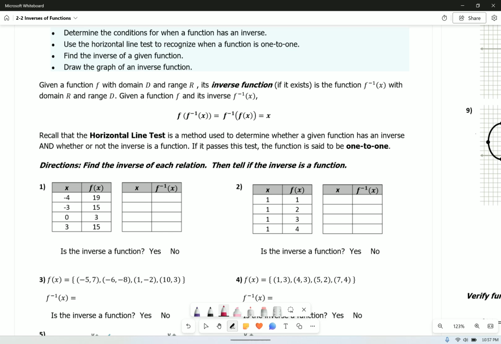So it is as easy as making the x's in this table become the y values. So I'm going to write -4, -3, 0, and 3. And the y values will become the x's, 19, 15, 3, and 15. Okay, now I'll explain to you why this interchange is happening.